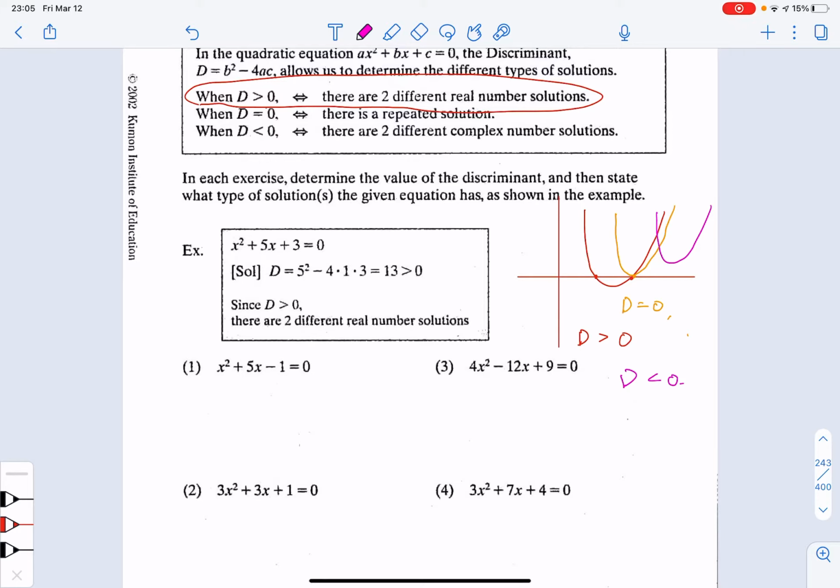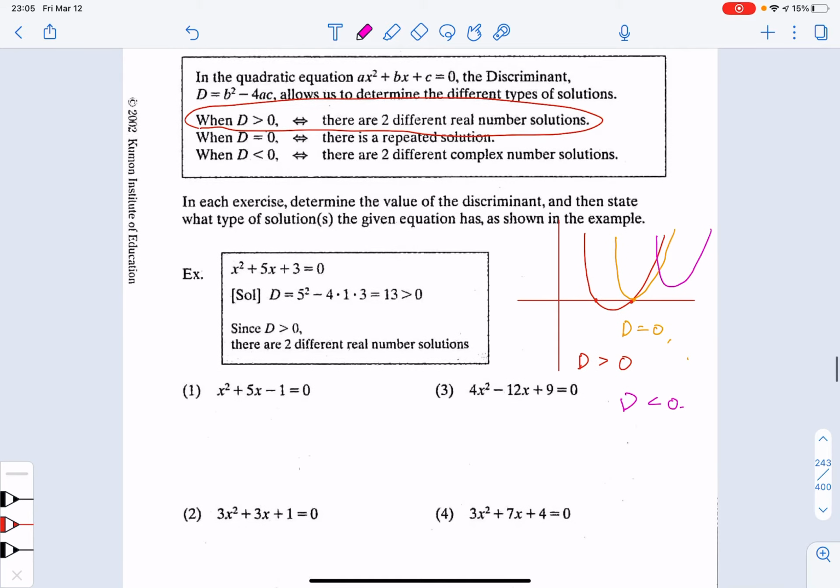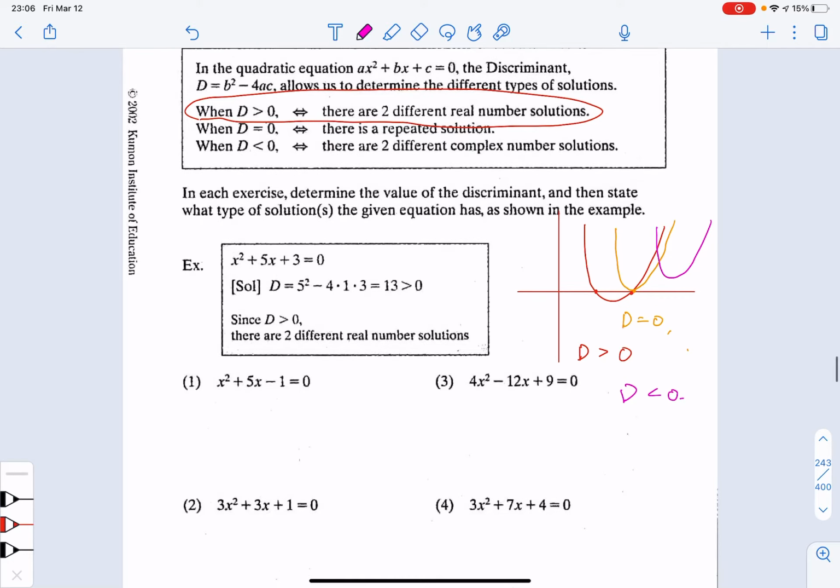In these three circumstances, we will have completely different solutions for the quadratic function, and we showcase it in a graph. It's a very easy way for us to determine how many roots or how many solutions I have for a quadratic function, just using the coefficients a, b and c.